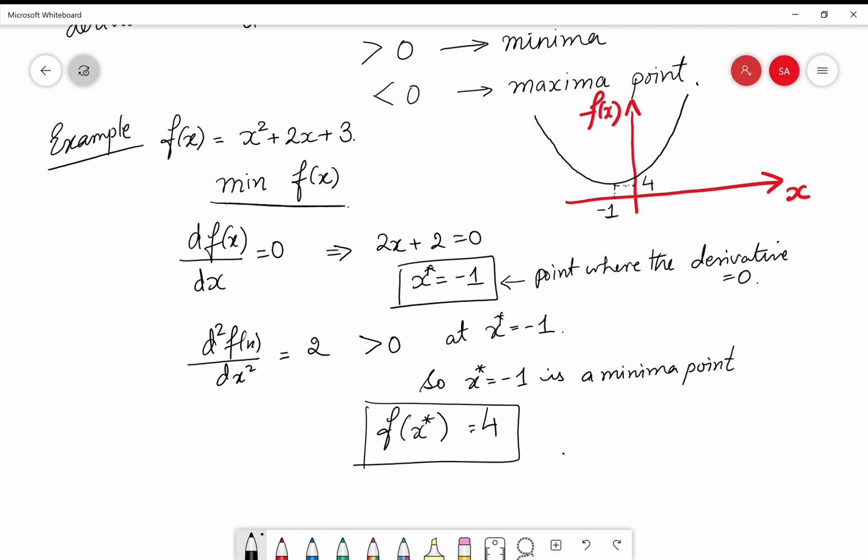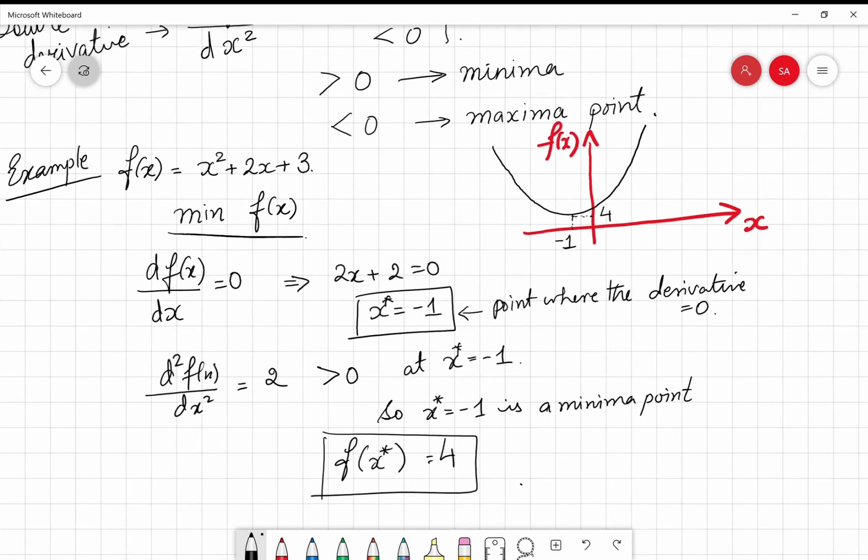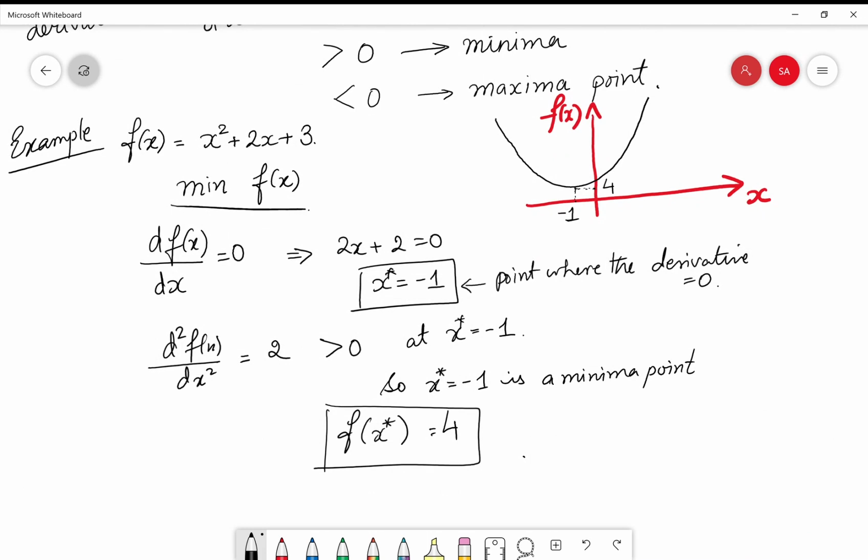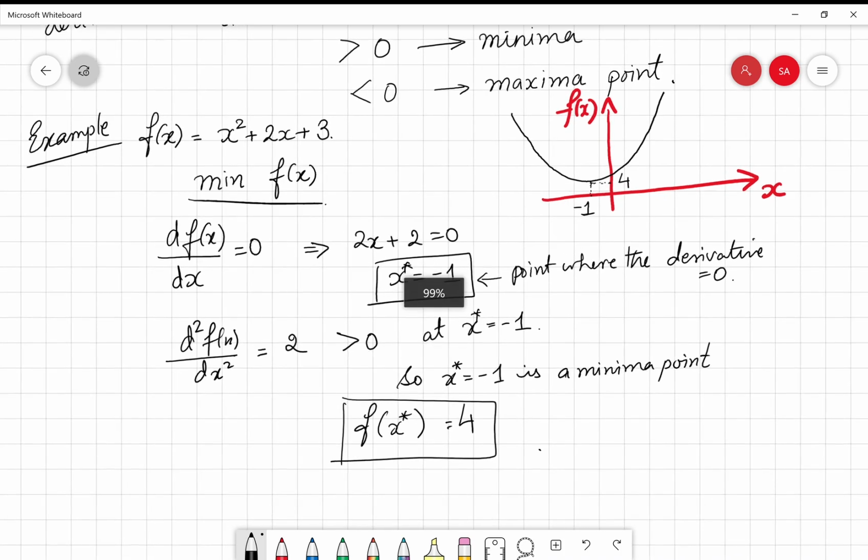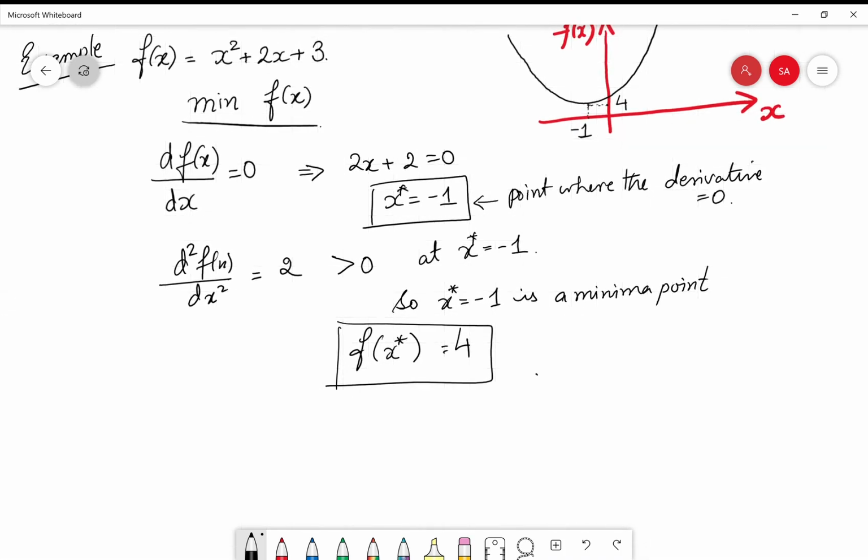Okay, so this is a small example from what we know from our intermediate school, right? Now let's take one step forward and let's try to constrain this. So this is called an unconstrained optimization problem, where you do not have any constraints. Two types of optimization problems are there.